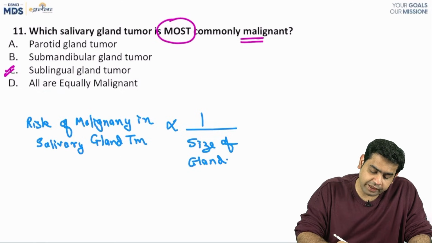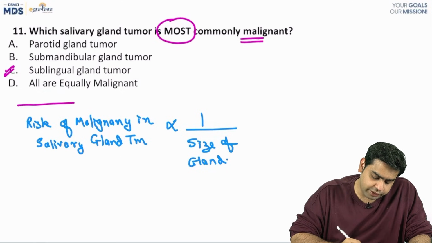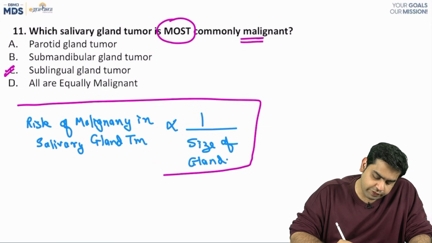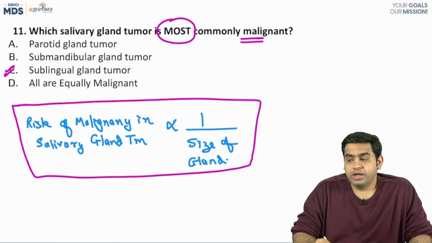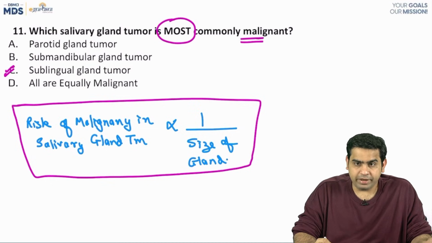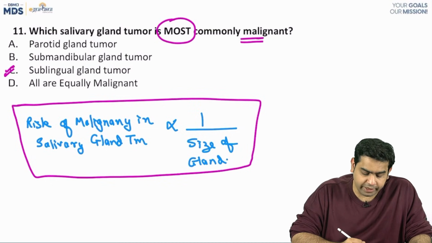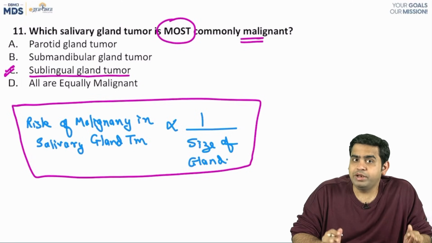What this means is that if you take all the tumors involving the parotid gland, most of them are going to be benign. Submandibular gland, it can be benign, malignant 50-50, but in the sublingual gland, if there is a tumor, it is more likely to be malignant.